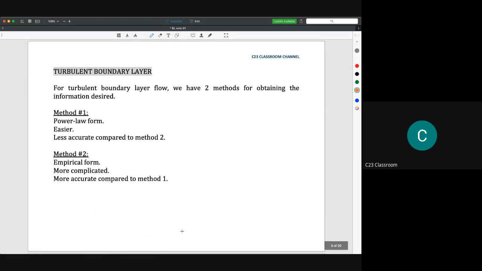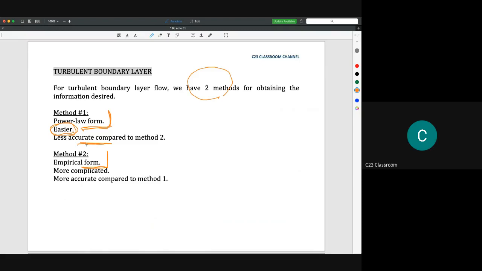For the turbulent boundary layer, we have two methods. One is called the power law form, and another is called the empirical form. The power law form is quite easy. It is easier compared to method number 2, but it is less accurate.